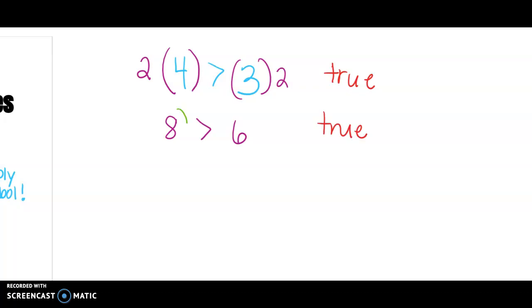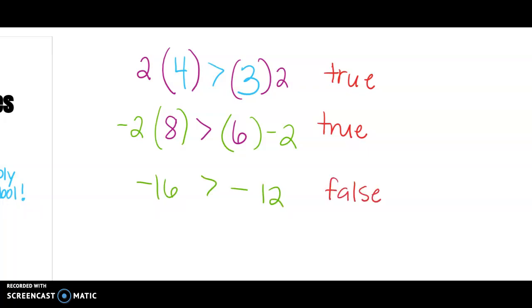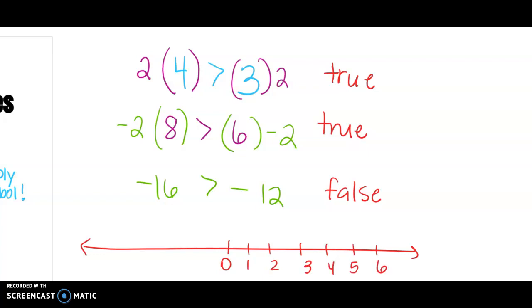But if I decide to multiply this by negative 2, then I'm going to get negative 16 is greater than negative 12. Well, that statement is actually false because our negatives work in the opposite direction of our positives. So in our positives, as we get further and further away from 0, our number gets bigger and bigger. But when we look at the negatives, and we're talking on a number line, so if here's 0, as I go to the right and get further away from 0, my numbers are getting bigger.